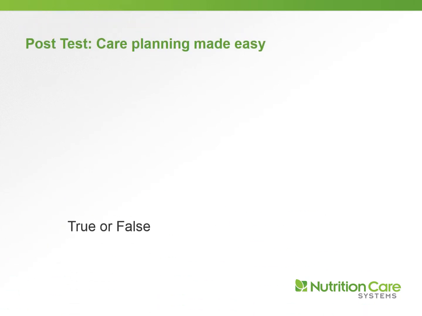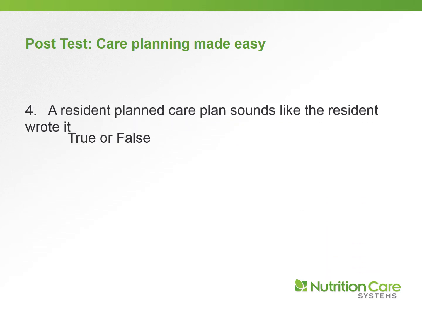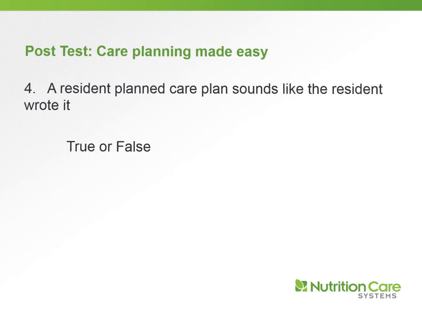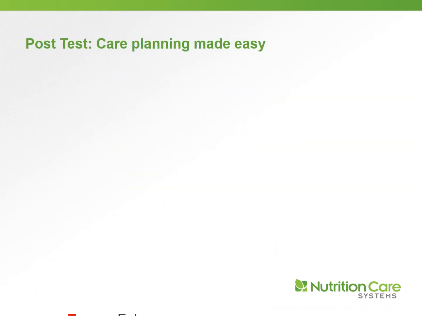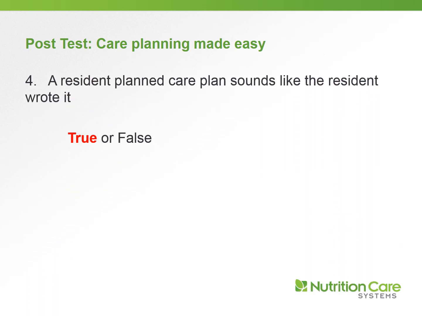Question number 4 is a true or false question. A resident plan care plan sounds like the resident wrote it. And the answer to question number 4 is true. A resident plan care plan sounds like the resident wrote it.